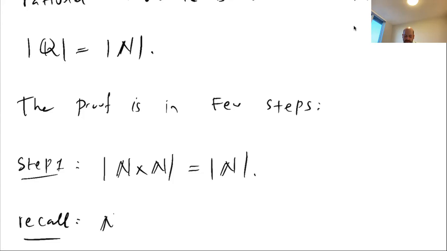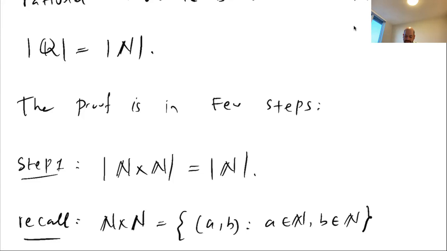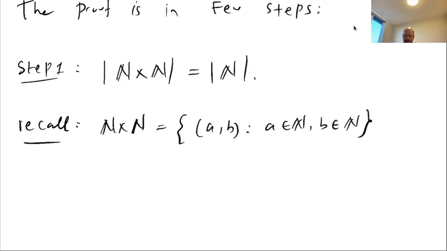Recall, N cross N is the cross product of two sets. It can be written as all pairs (a, b) such that a belongs to N and b also belongs to N, which is going to be like (1, 1), (1, 2).